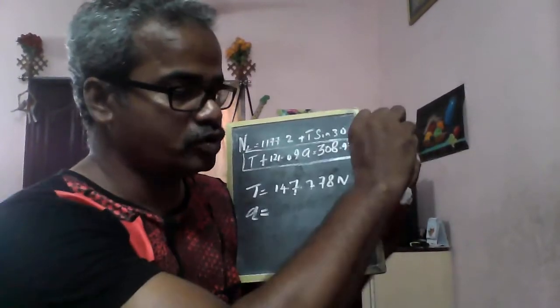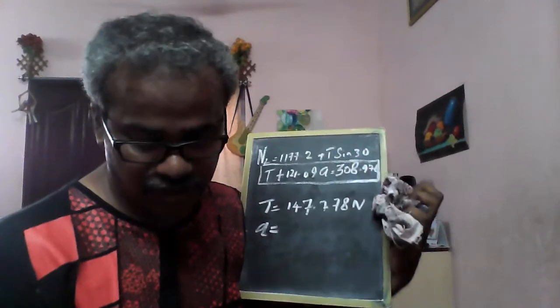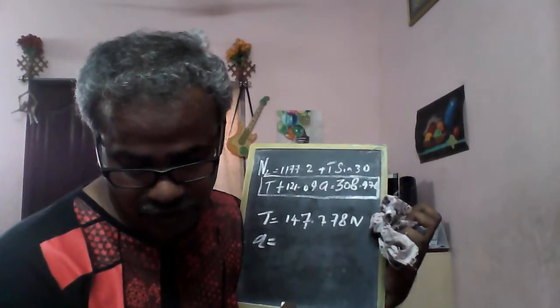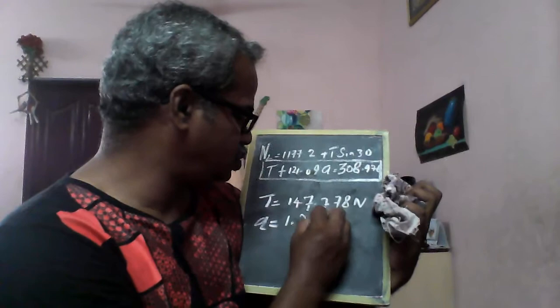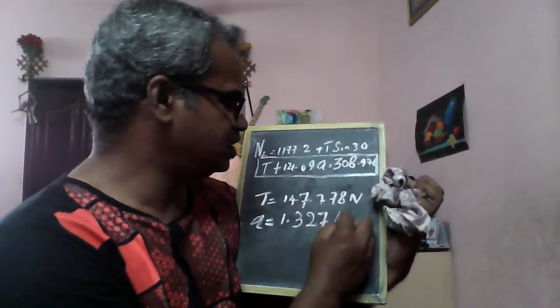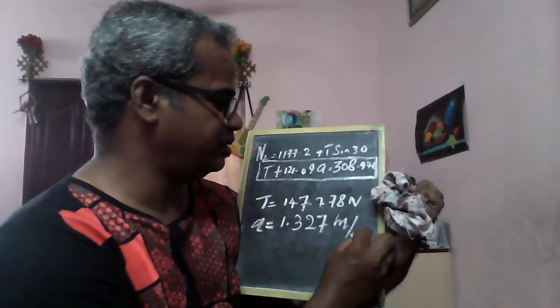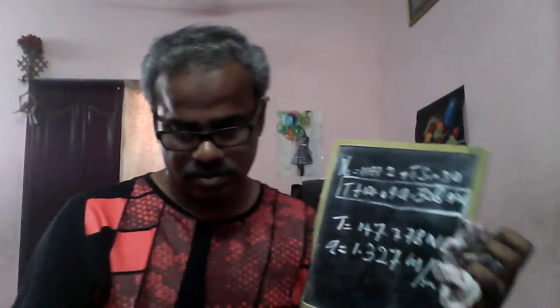Since the body is moving, what is the final acceleration of the body? The acceleration of the body will be 1.327 meters per second square. Thank you.